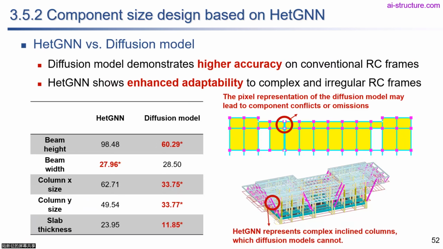If your structure can be represented with an image, like when all the stories have a regular arrangement, the diffusion model has better accuracy. However, if your building is irregular, for example if you have inclined columns that cannot be represented by different layers of images, then the GNN will be the only solution.